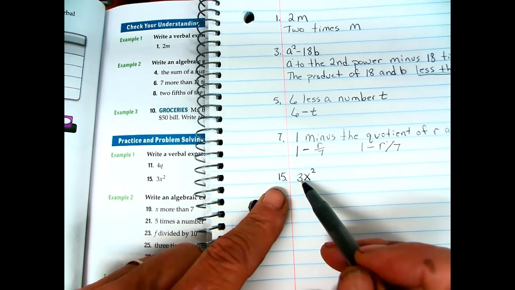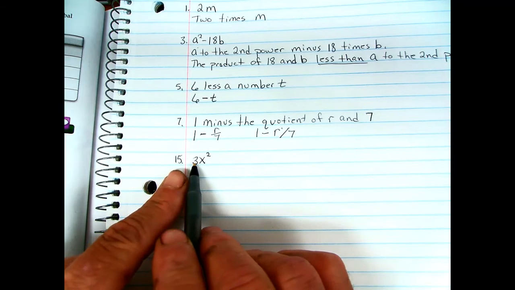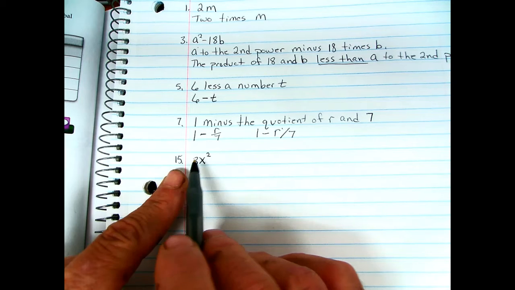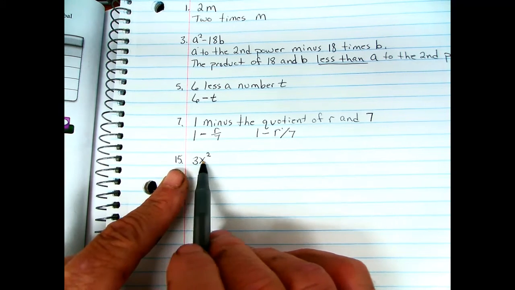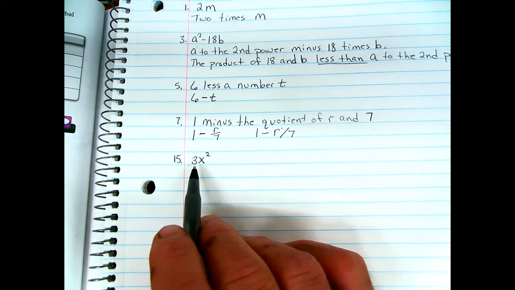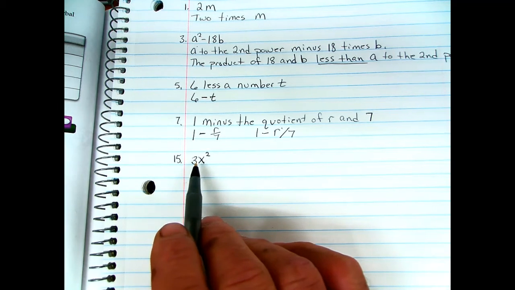Just like we're reading a book or a sentence, we start at the left and we read to the right. We start with the 3 first and we're going to go to the right. It's 3 and then an X. And what's happening with the 3 and the X is they're being multiplied. Now we can call that a product. When you have 2 or more things being multiplied together, the answer is the product. If you say the product of, then you write down what the things are that you're multiplying together.